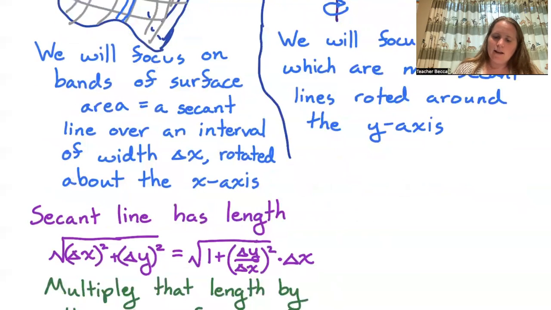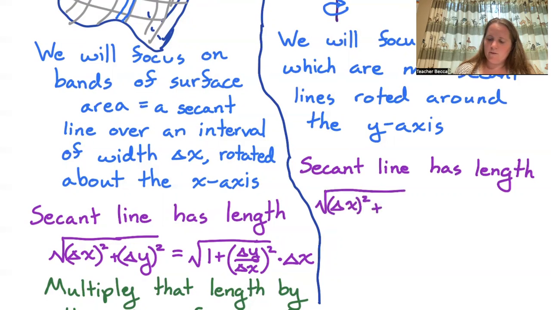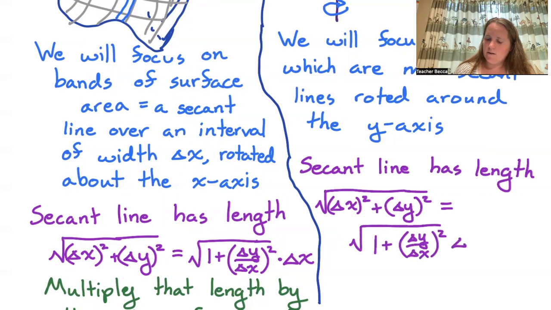Again, the secant line will have length given by the same formula we've worked with before. So the secant line has length the square root of delta x squared plus delta y squared, otherwise known as the square root of 1 plus (delta y over delta x) squared times delta x.